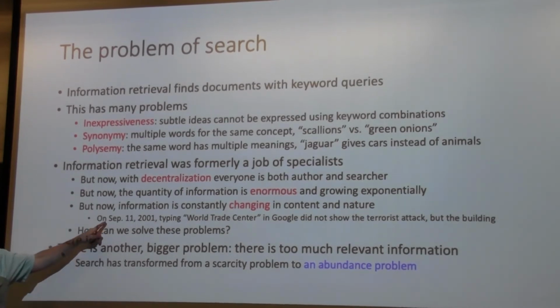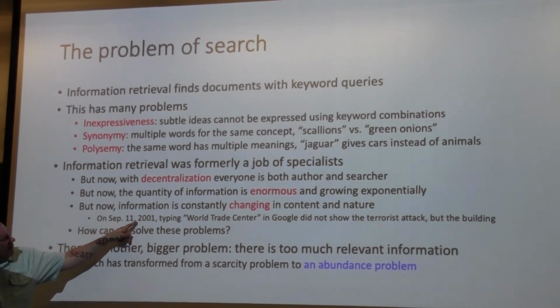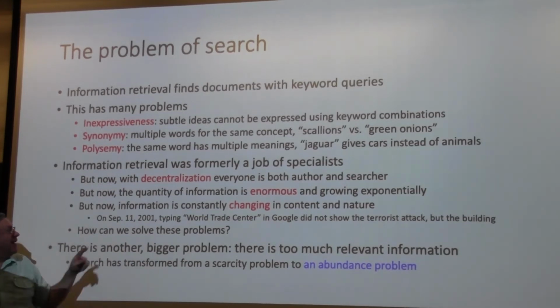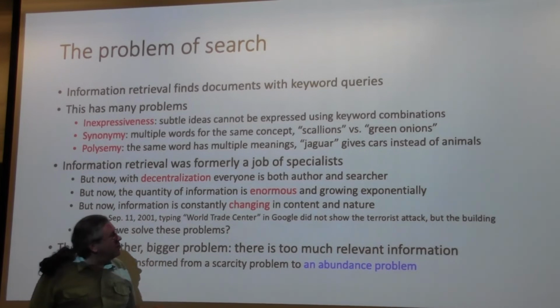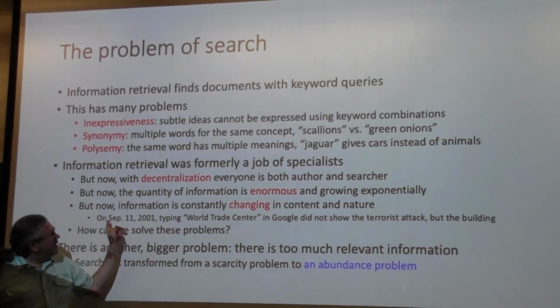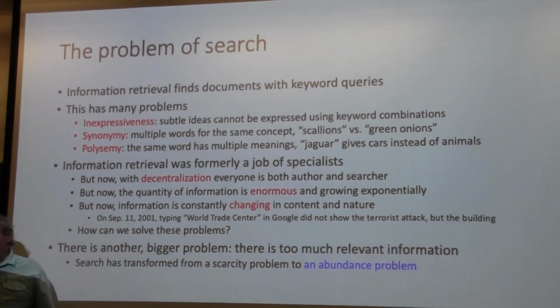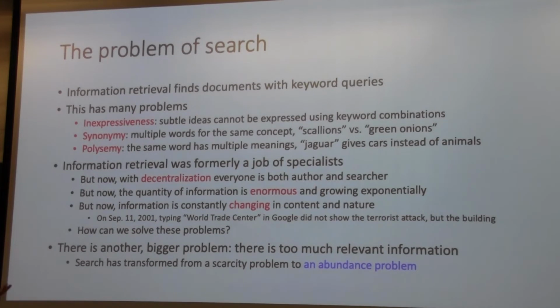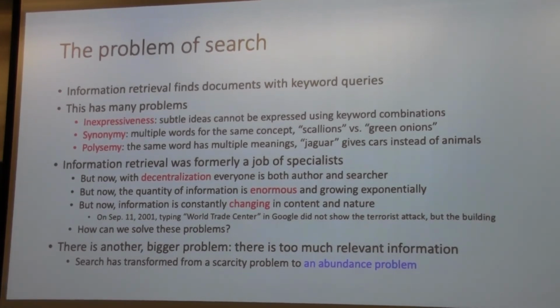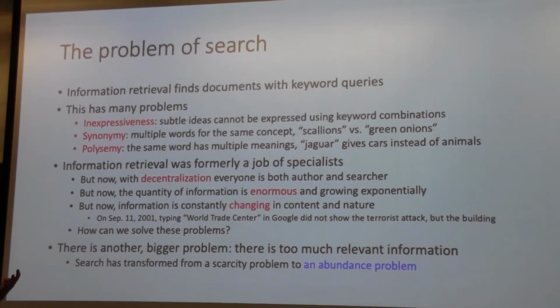Now, if you went on September 11, 2001, which you recognize, I think, yeah? If you type World Trade Center in Google on this day, you did not get images of the terrorist attack because Google is not that fast, okay? But the building, which was still standing in the photos, even though it was collapsed.